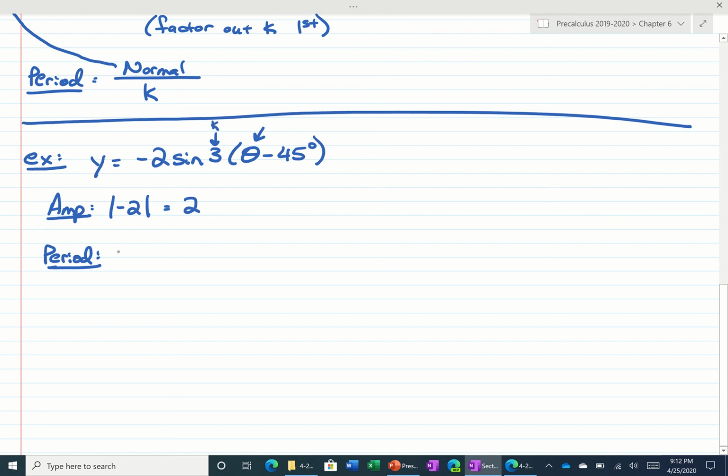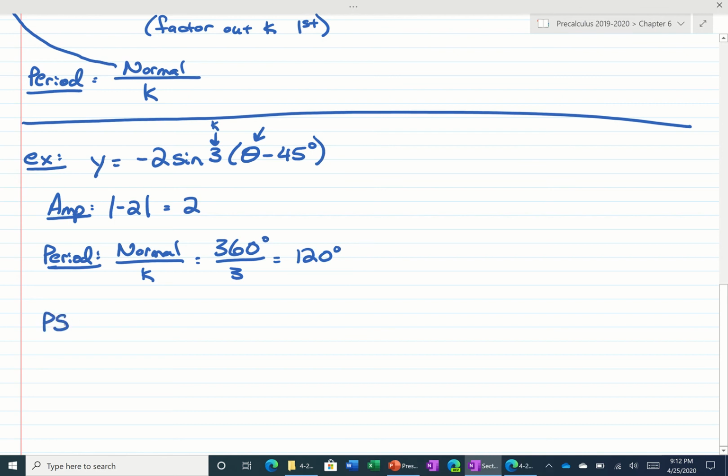So the period is always the normal period divided by k. Well, the normal period of sine is 360 degrees. Divided by 3 is 120 degrees. That's the period for this, which means this graph's going to be a little shorter. Instead of repeating every 360, it's going to repeat every 120.